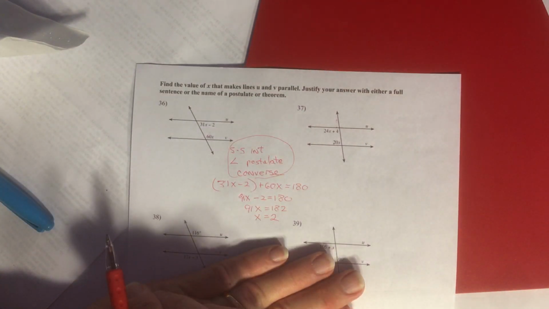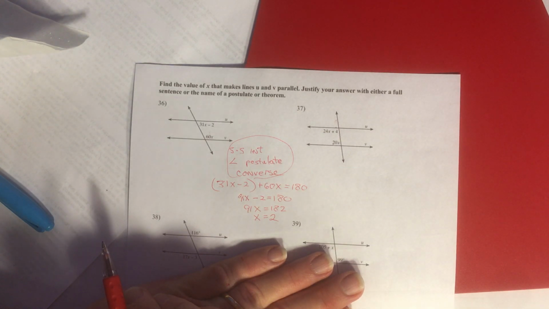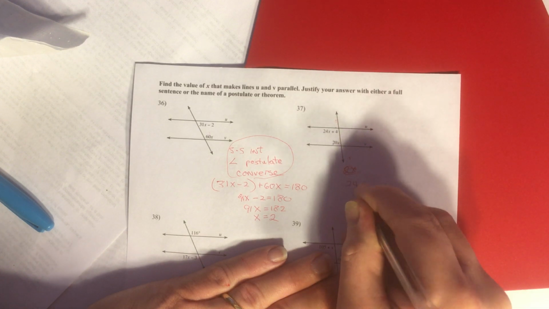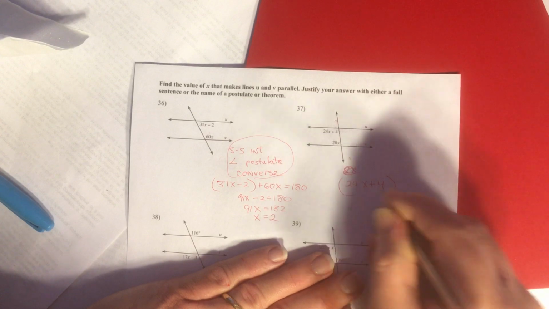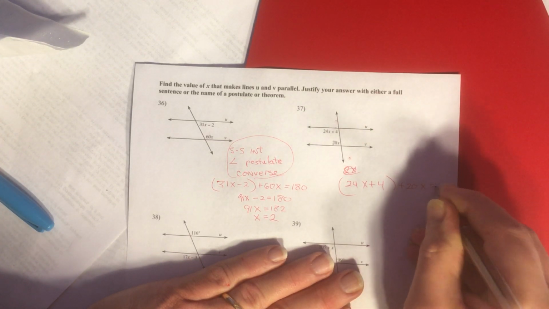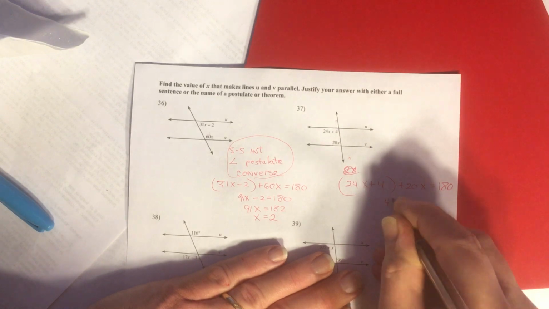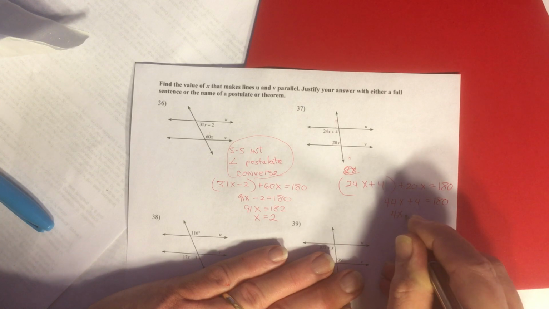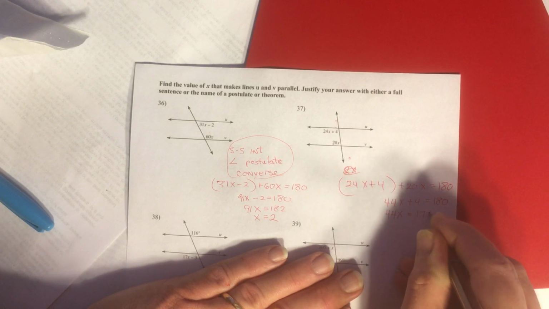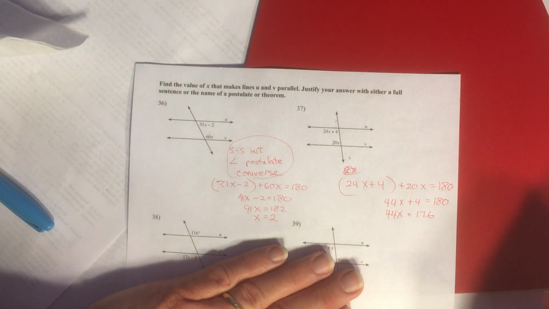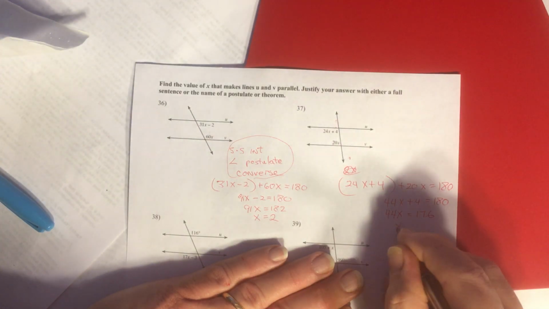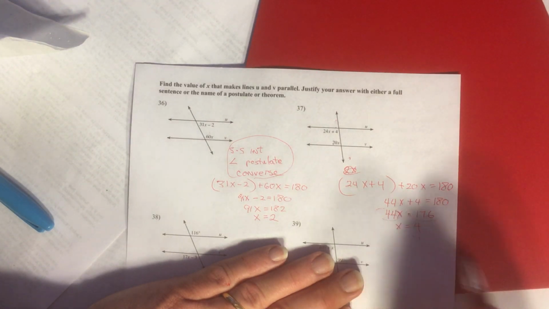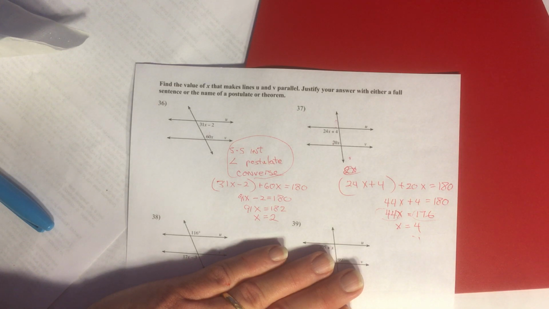So it's the same side interior angle postulate converse that tells me that 24x plus 4 plus 20x has to equal 180, which means 44x plus 4 has to equal 180, which means 44x is equal to 176, which means that x is equal to 4. Because if I divide 176 by 44, I get 4. So x is equal to 4.